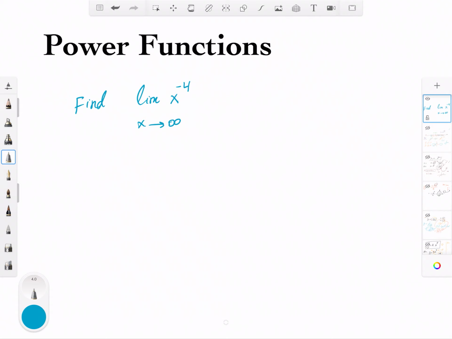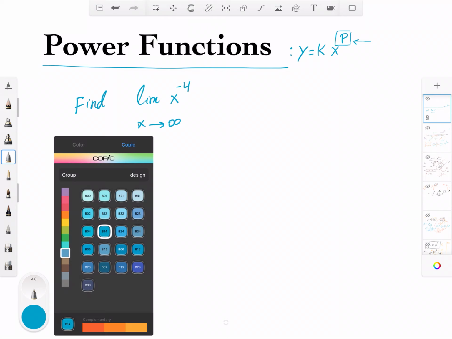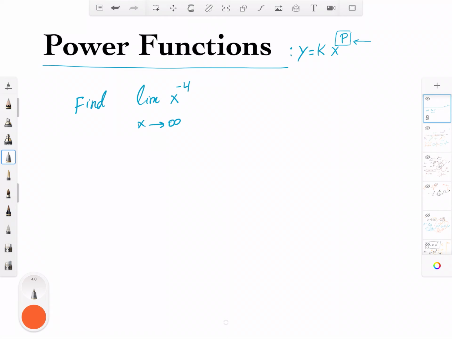Now that we know what the power functions are, where the standard form is y equals k x to the power of p, we learn how the graph looks for different values of p. So now in this exercise they're asking us to find the limit of x to the power negative 4 as x approaches infinity.